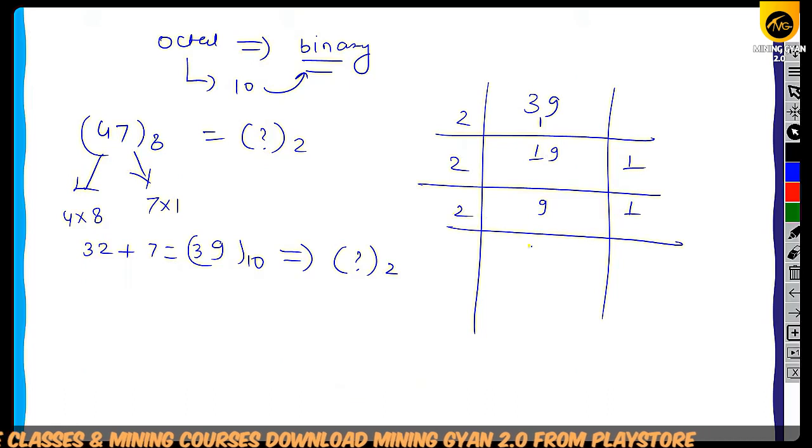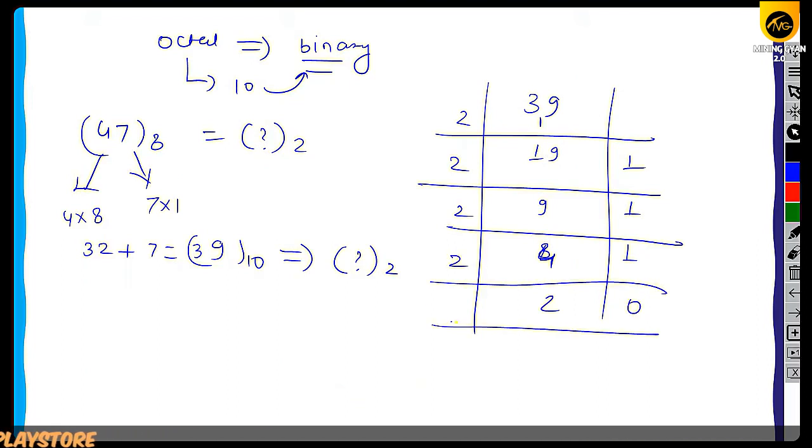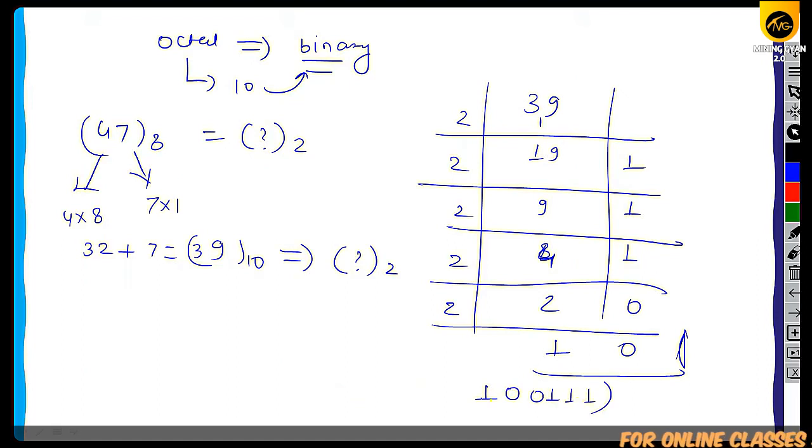Again 2 9s are 18, 1 is the remainder. 2 4s are 8, and there is 1 remainder. The last one will be 2 2s, no remainder. 2 1s, no remainder. So the answer will be 100111.